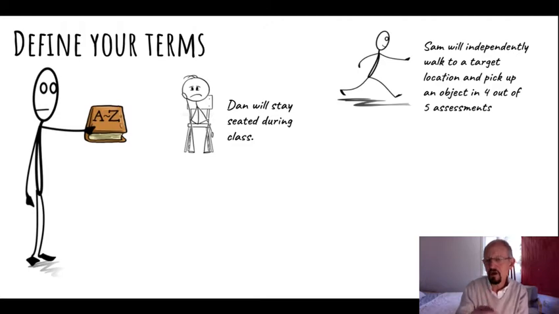But note that what's unspecified in the IEP, but should be specified in the methodology, is over what kind of distance Sam is walking, over what kind of terrain, and what kind of object or objects he is meant to pick up.